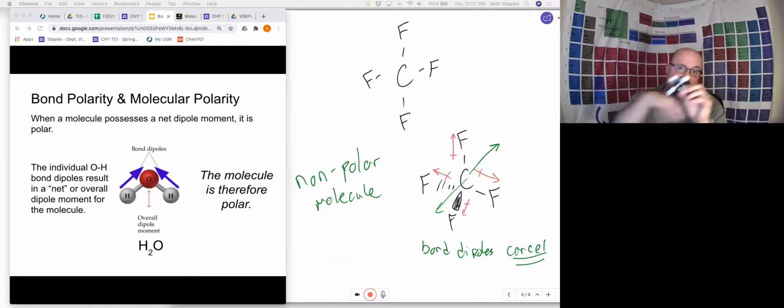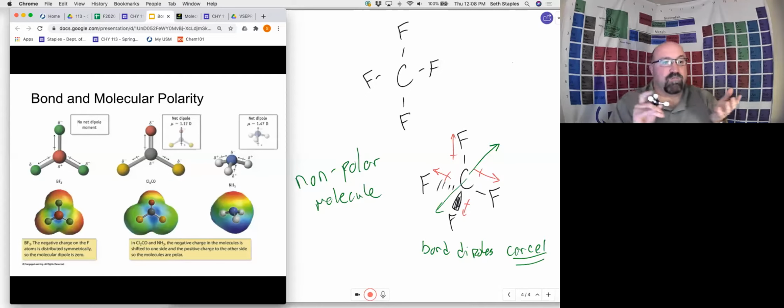Electrons, remember, are in sort of constant motion. So they're all being pulled out, and we're going to have sort of a cage effect of electrons surrounding this whole thing. And there won't be an area in that cage that has a buildup compared to another area. So it is a nonpolar molecule, even though there are polar bonds in the molecule. That is an important distinction to make.